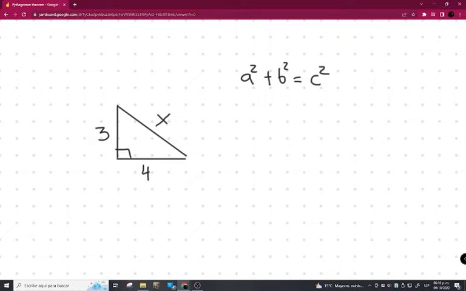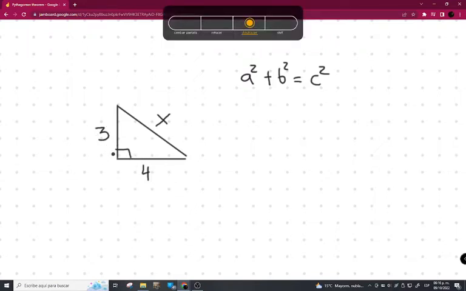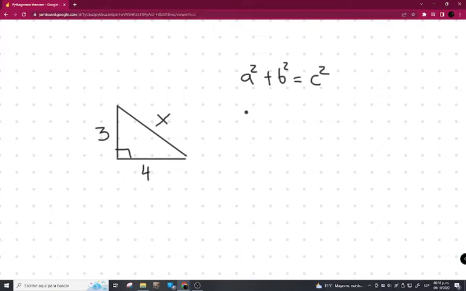I can say that this is A and this is B, or the other way around, and it will not actually affect the result. So let's say that 3 is A and 4 is B. So for this specific triangle, the Pythagorean theorem will be 3 squared plus 4 squared equals c squared.